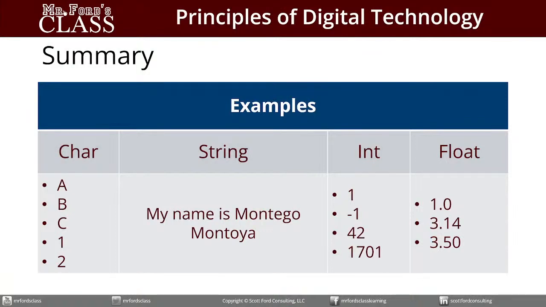That's Princess Bride. And then we have integers. Integers are whole numbers. There are no decimals. There's no fractions. So 1, -1, 42, 1701 are integers. While floats have the decimal. So 1.0 or 3.14 or 3.50. These are considered floats.